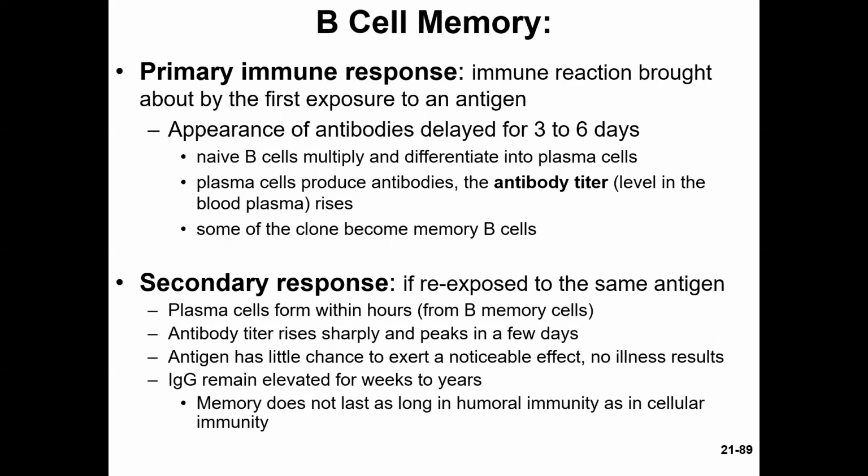In the secondary response, if they're re-exposed to the same antigen, plasma cells form within hours from B memory cells. The antibody titer rises sharply and peaks in a few days. The antigen has little chance to exert a noticeable effect. No illness results. IgG remains elevated for weeks to years.